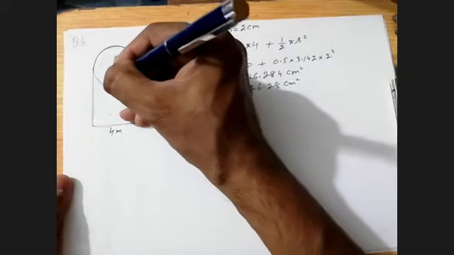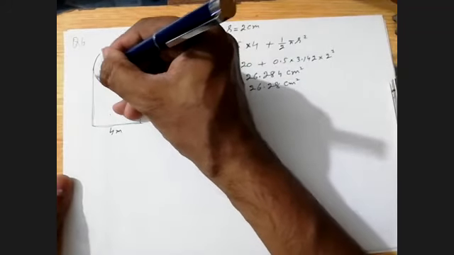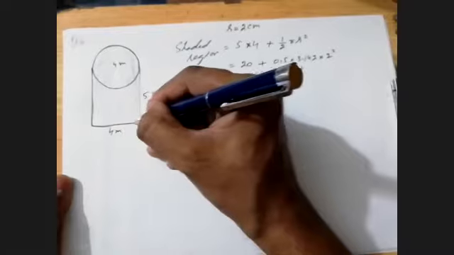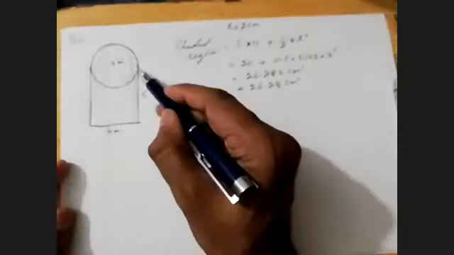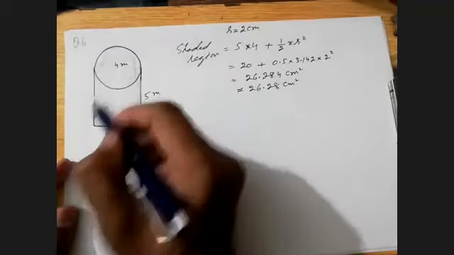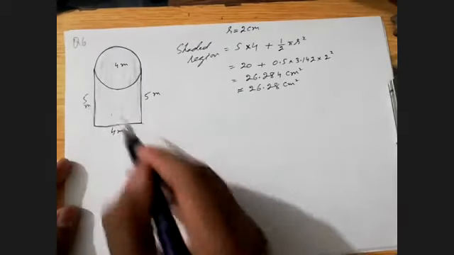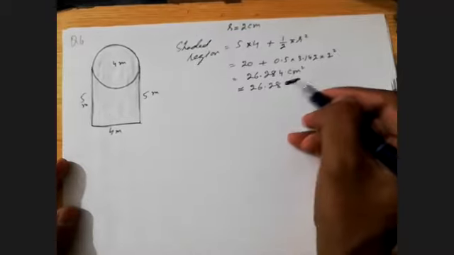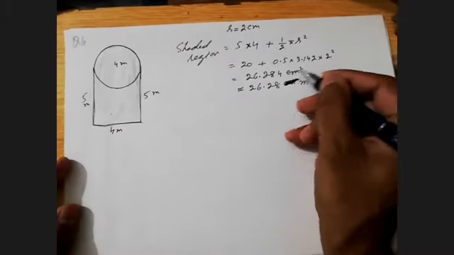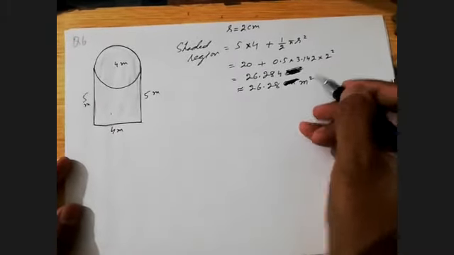It is written in the question, so I am trying to fulfill the requirement of the question. Here you can see 3 lines. This is 5 meters. It is meter square. Sorry, not centimeter square. Please remember this. Meter square because it's meter.